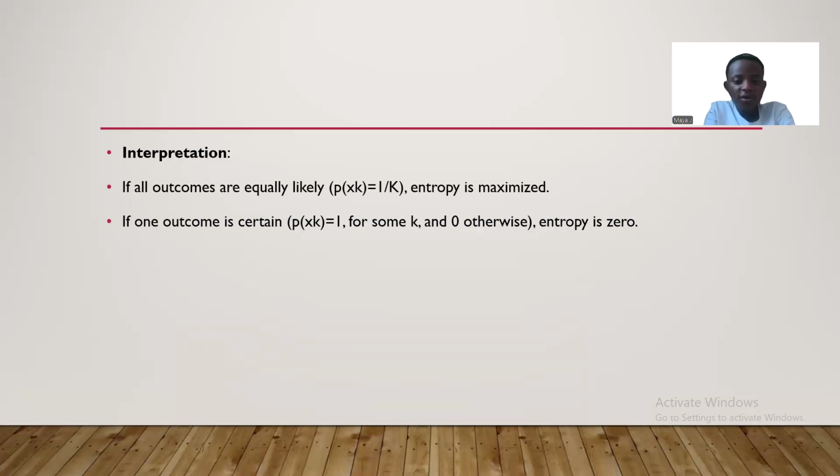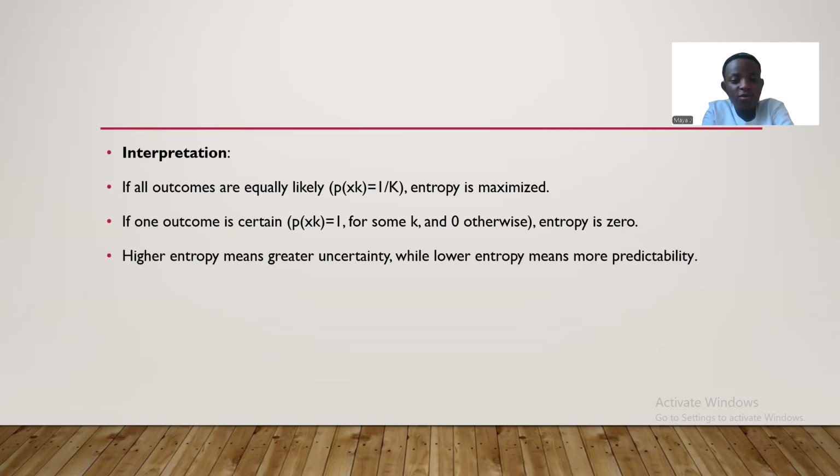If the entropy is maximized, it means you have a high level of uncertainty. That is what you're trying to get. If one outcome is certain, for example, the probability of xk is 1 for some value of k and 0 otherwise, the entropy is 0, because you're sure of what the outcome is going to be.